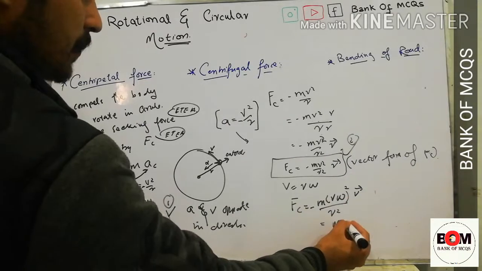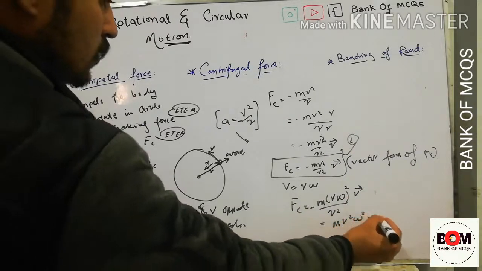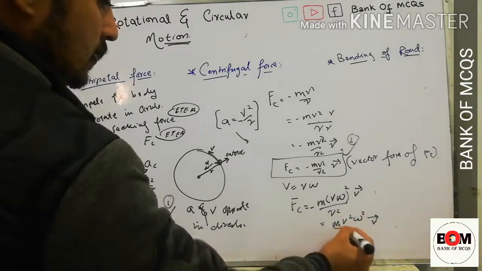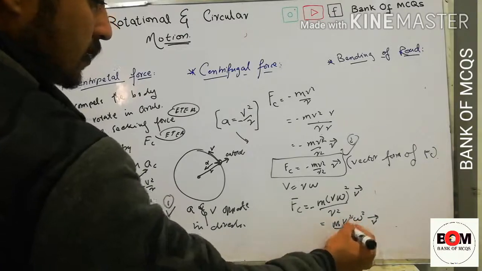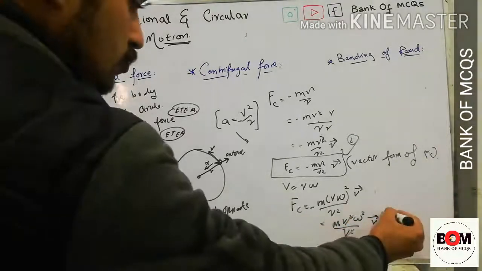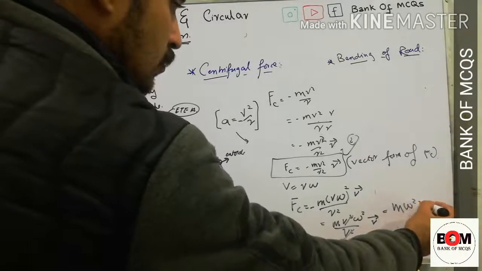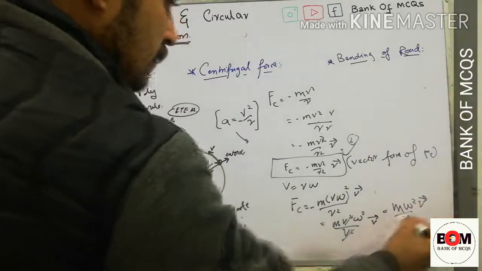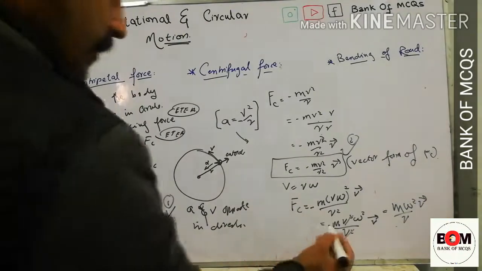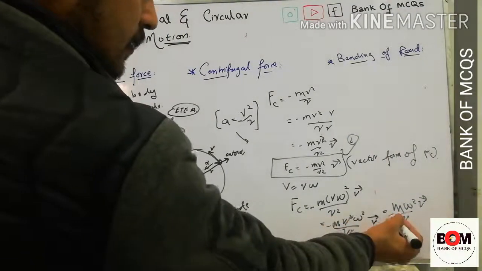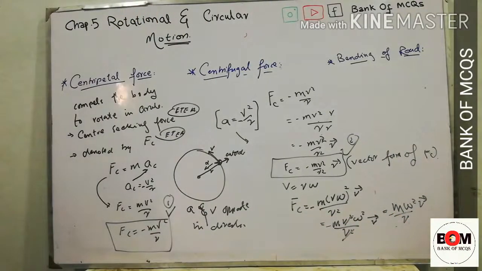So we can write m r square omega square divided by r square, r cancels with r. So we can also write that centripetal force is equal to minus m omega square r. The negative sign still stands. So this was the equation of centripetal force.